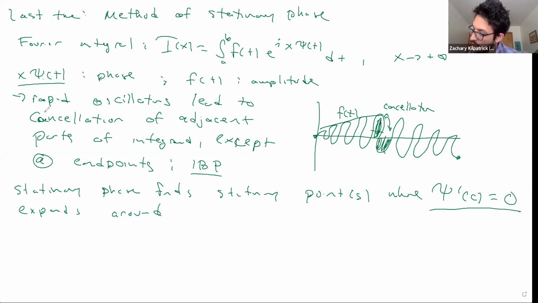The lemma that sort of allows you to do this is Watson's lemma. That's going to apply in the regions where phi prime is non-zero, let's say where phi prime is positive everywhere.